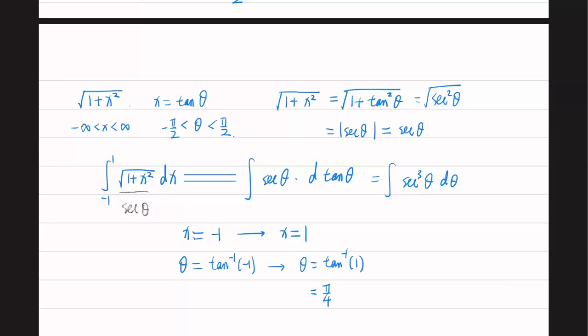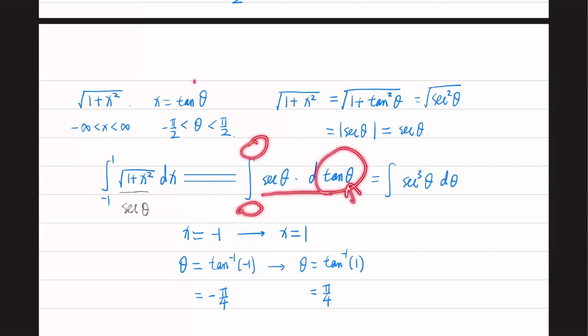And Sophia, for some angle whose tangent is -1, what is that angle? -π/4. Yes. That's how we find the lower and upper limits of the new integral in the new variable.